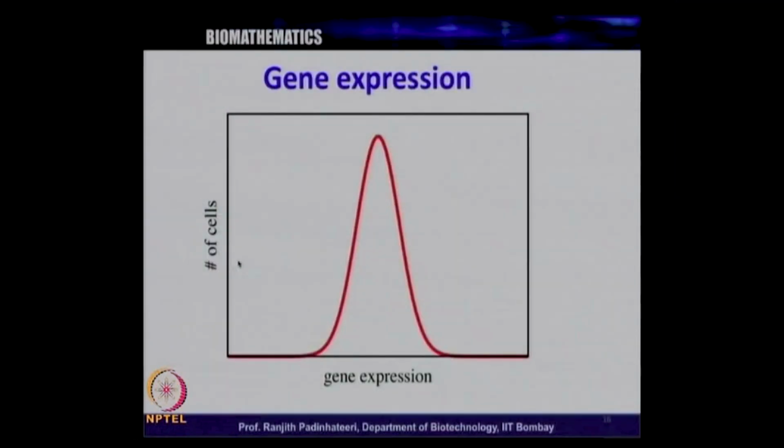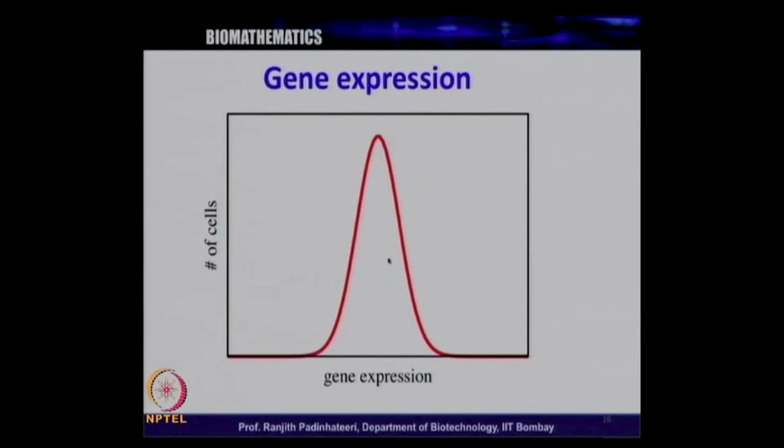If we do this counting and make this plot, we will see the graph that you have here. Let us have a look at it, where the x-axis is the amount of gene expression and the y-axis is the number of cells having that amount of gene expression. For example, take the value around this peak. You have some amount of gene expression, and this peak means you have a lot of cells with this particular value.